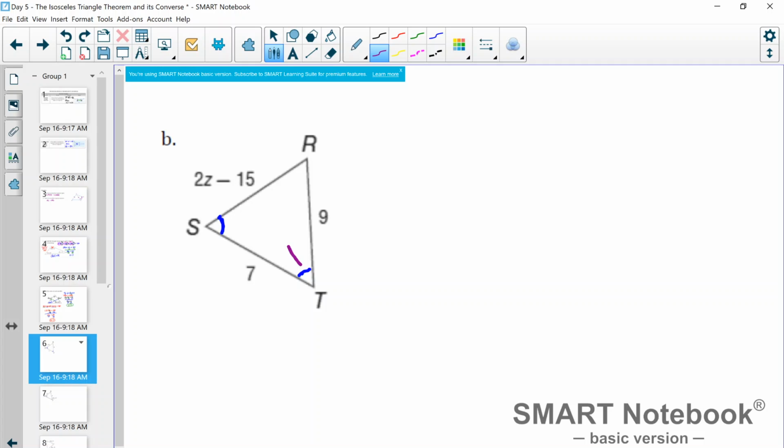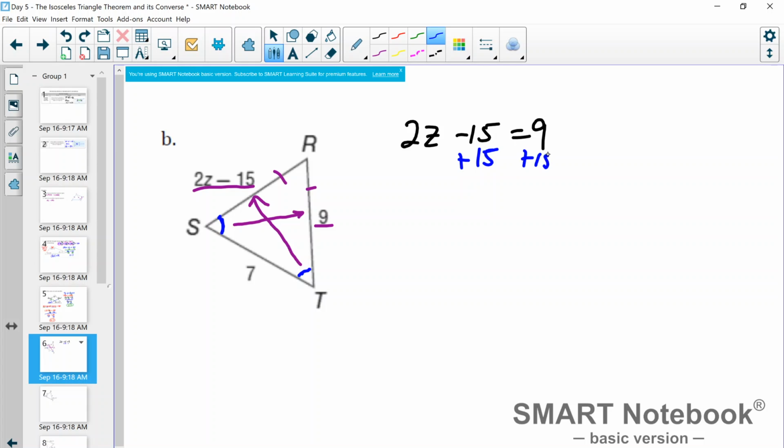So if I go across from angle T, I'm dealing with the side 2z minus 15. And if I go across from angle S, I'm dealing with 9. So these two sides are the same. And when two things are the same, all I have to do is set them equal to each other. 2z minus 15 gives me 9. Solve for z, I have to add 15.